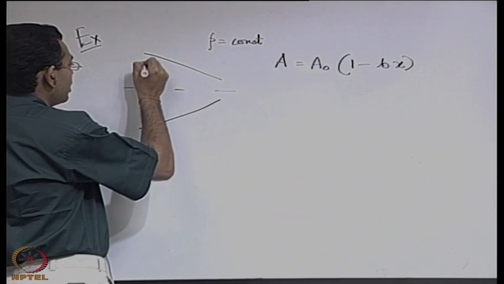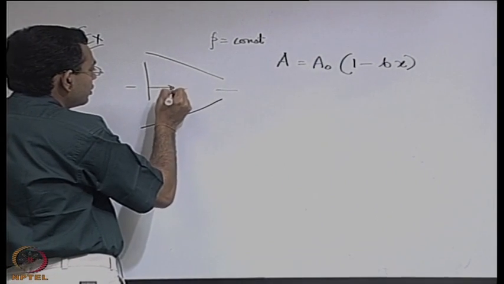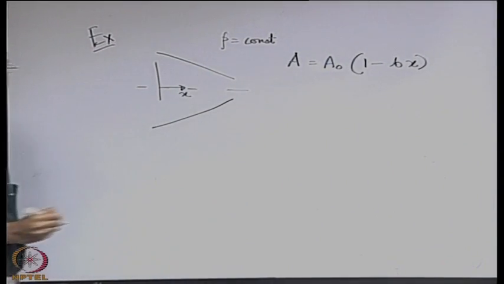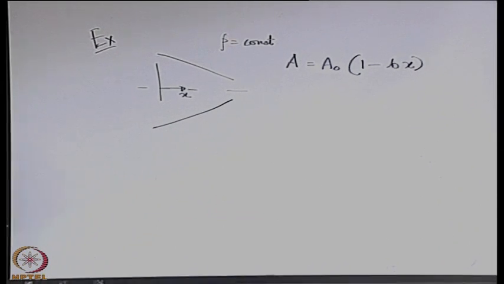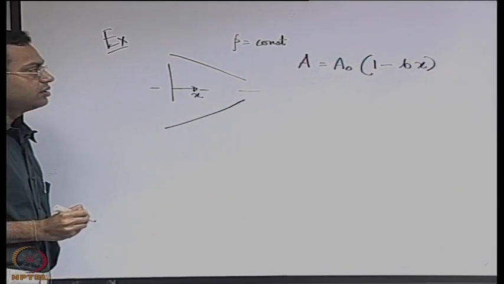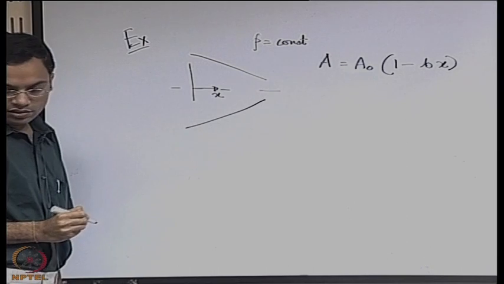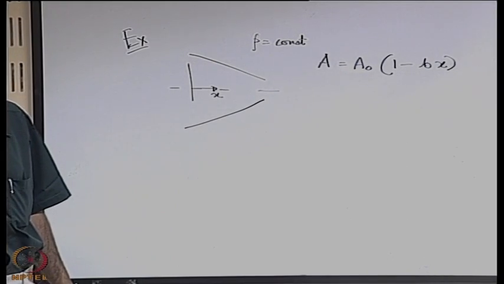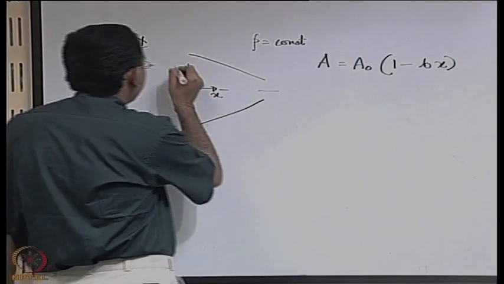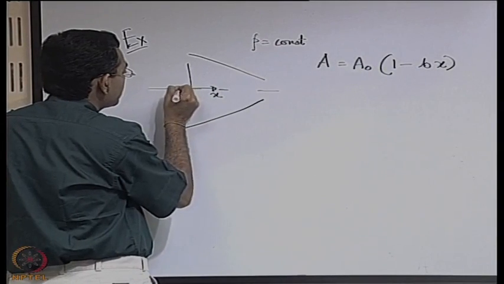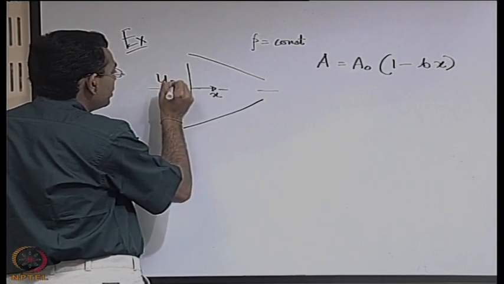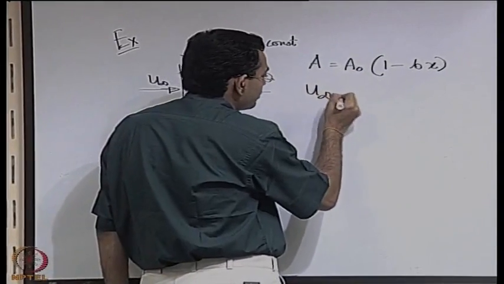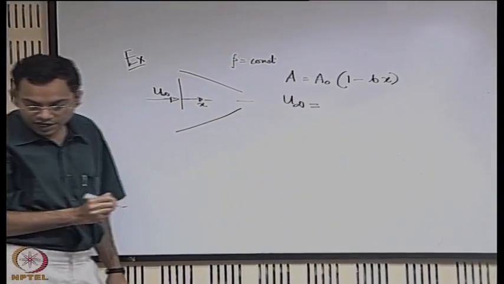Where x is the coordinate measured from the entrance, and other information that is given is that the velocity at which the fluid enters the nozzle, let us say that is u infinity, varies with time.